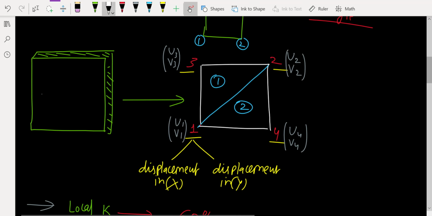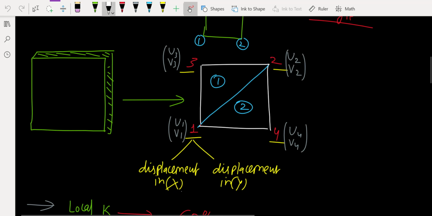So this was the original geometry. If you discretize this using triangular elements, element 1, element 2, using anti-clockwise node numbering, you have node 1, node 3, and then node 4, and every node has 2 degrees of freedom because we are dealing with 2 dimensions.